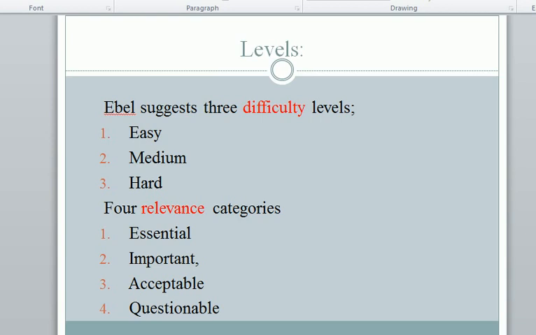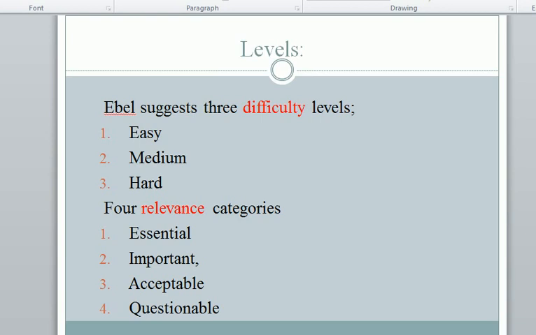You can say it is an easy difficulty level if 70% of students respond correctly in a test, the item's difficulty level is 30%.